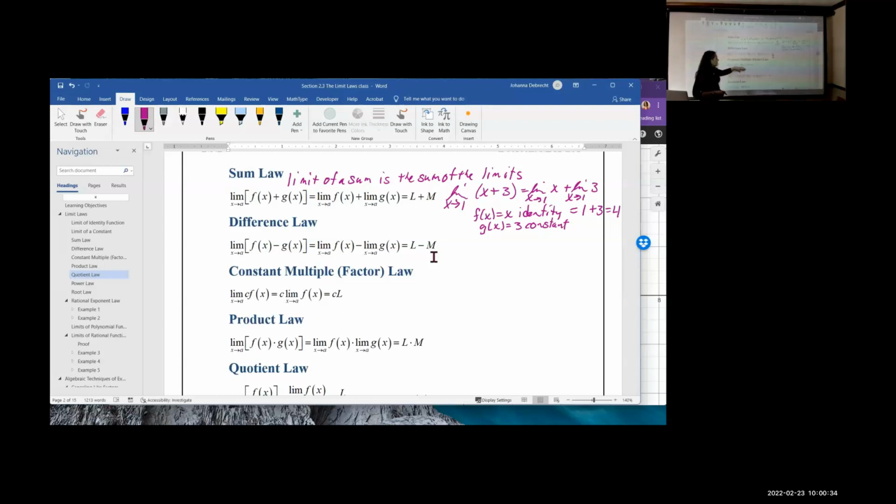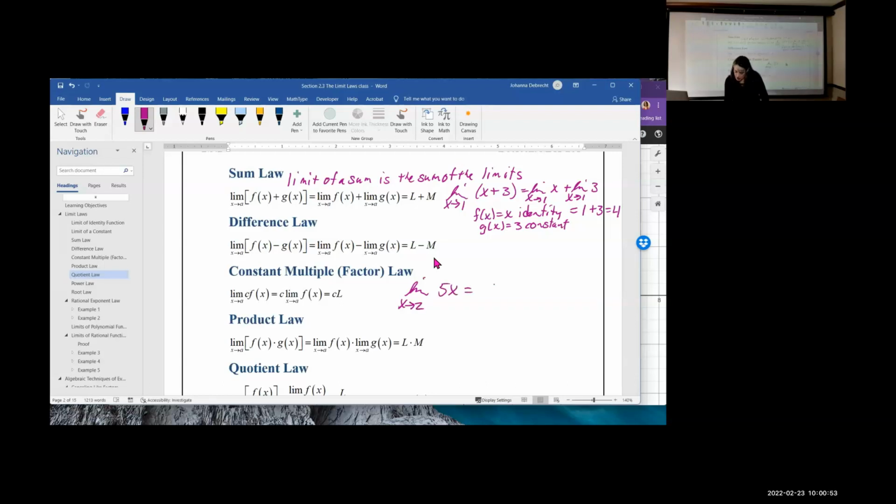The next one is going to let me deal with constant multiples. If I have a multiple times something, then I can factor the constant off. So let's take a look at a constant multiple. Let's suppose I have the limit as x approaches 2 of 5x.